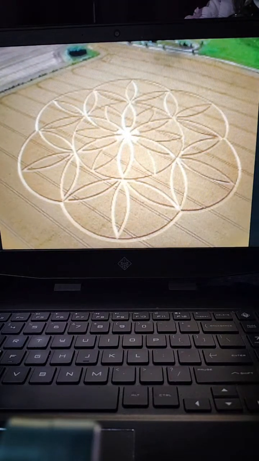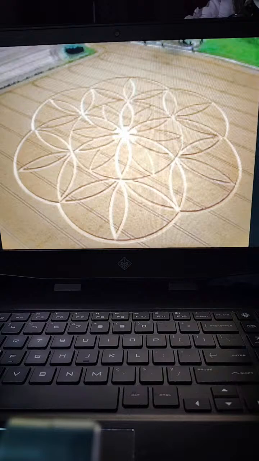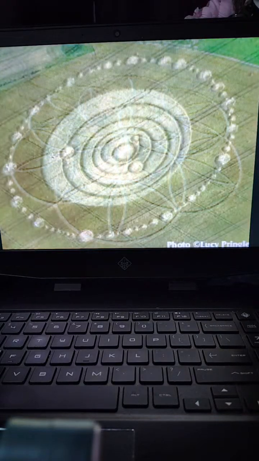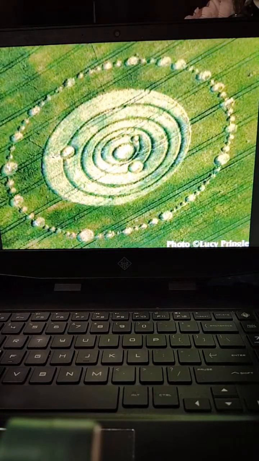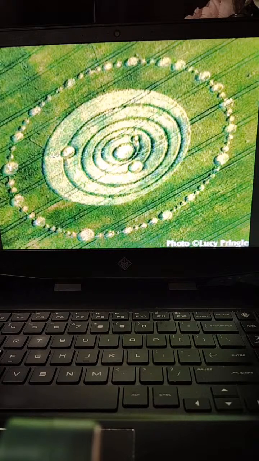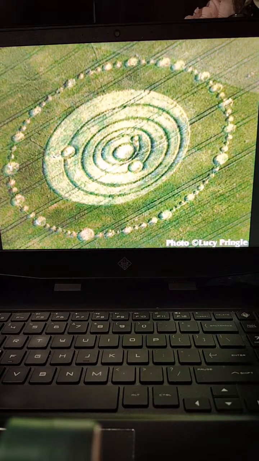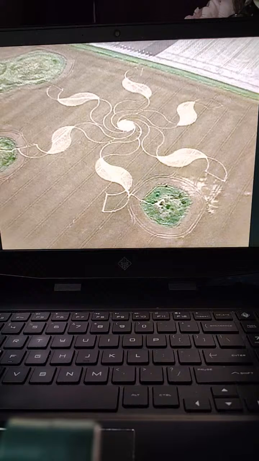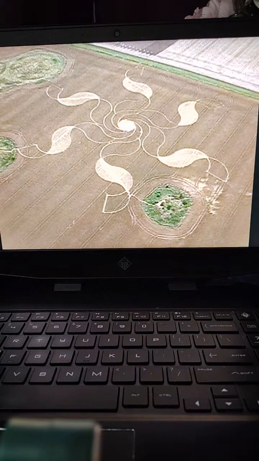That is the proper seed of life right there. Look at the flower of life, and that's the lily of life, or the lotus of life.